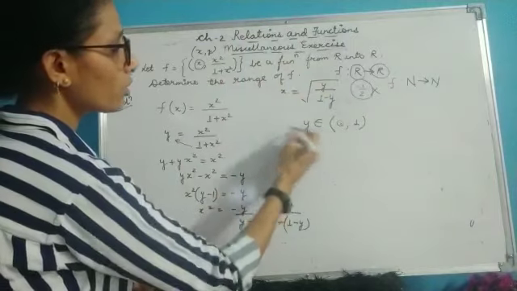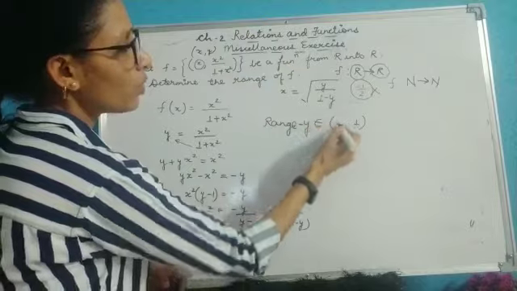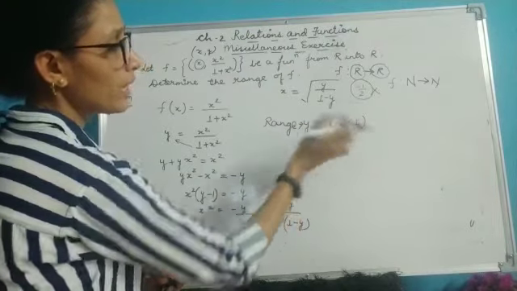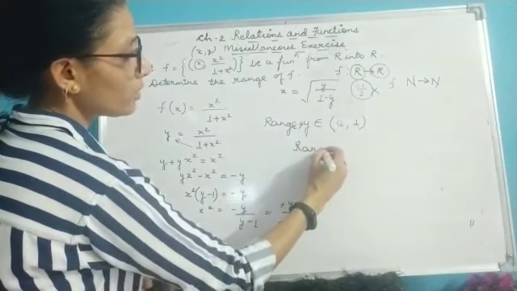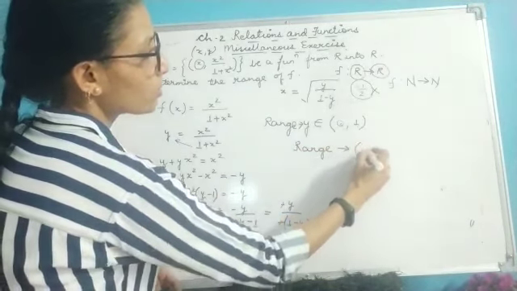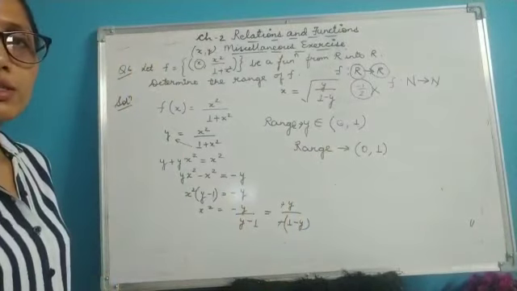So here your range will be y belongs to numbers lying between 0 and 1. So you can write it as your range is (0, 1). So this is your answer.